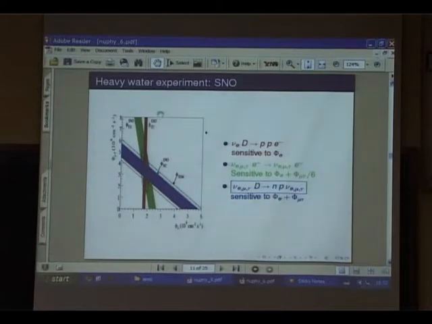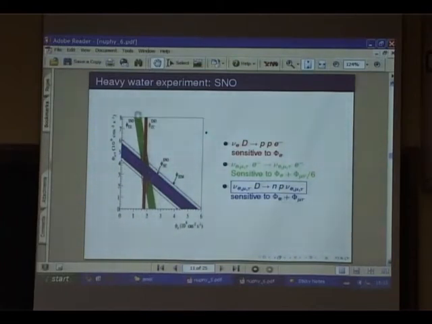If you look at this charged-current interaction, it is sensitive only to φ_e. Therefore, you only get this vertical band. So it can restrict the value of your electron flux, but not of the other fluxes.